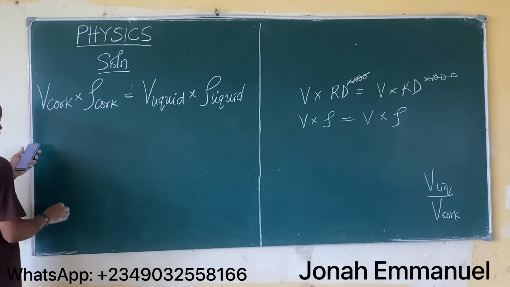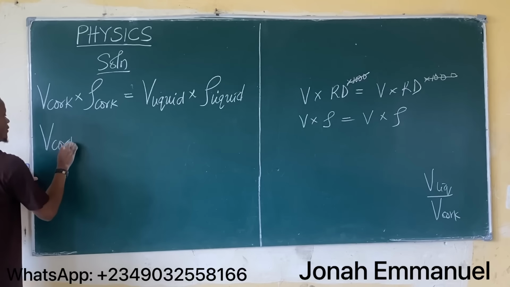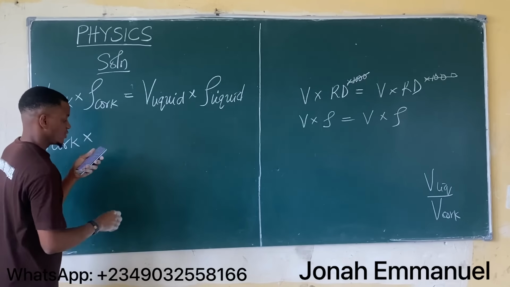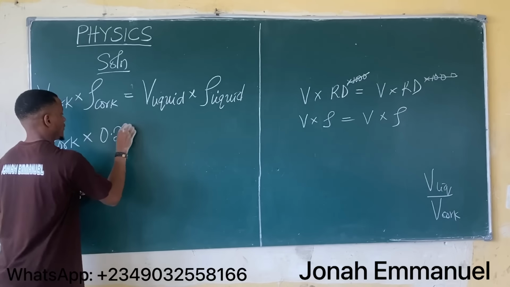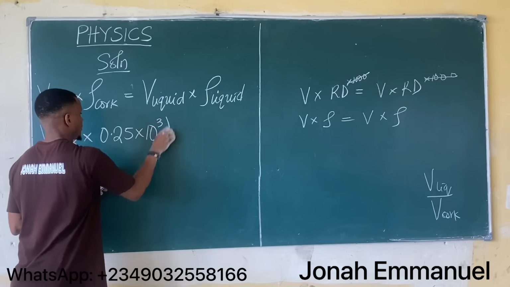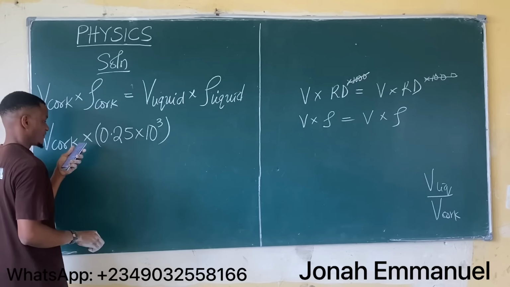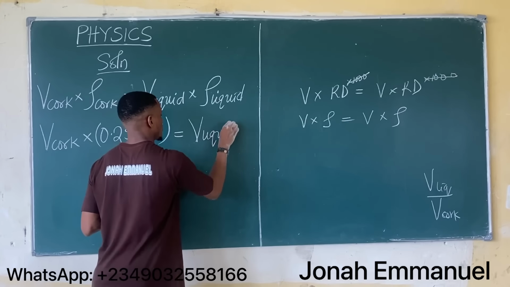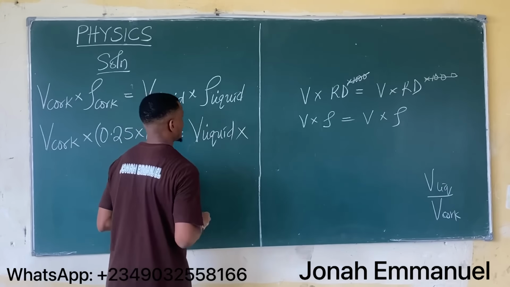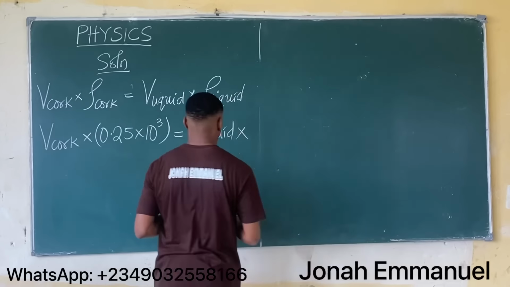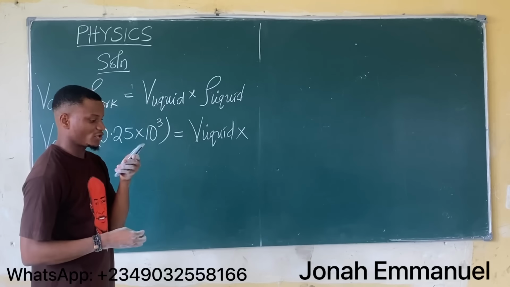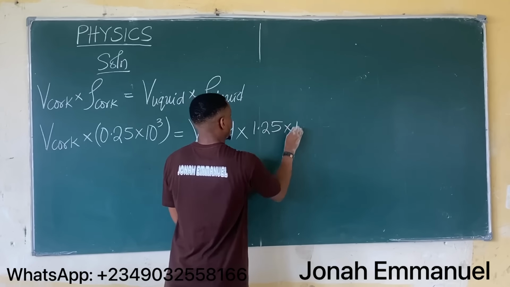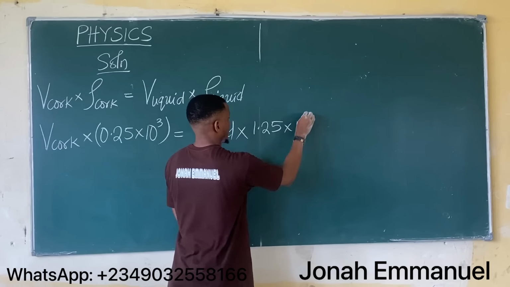Alright, let's get this done. So from here, the volume of the cork times density of the cork here is about 0.25 times 10 to the power 3. So I have this is equal to volume of the liquid times density of the liquid, as given in the equation here, is 1.25 times 10 to the power 3.